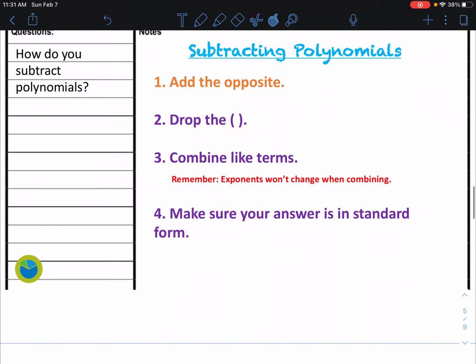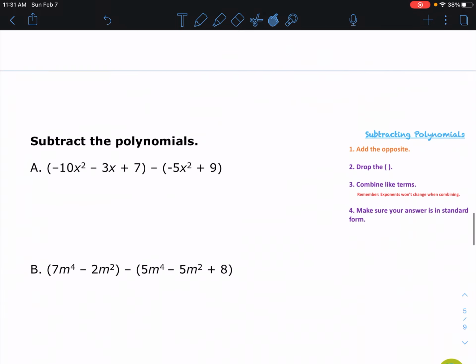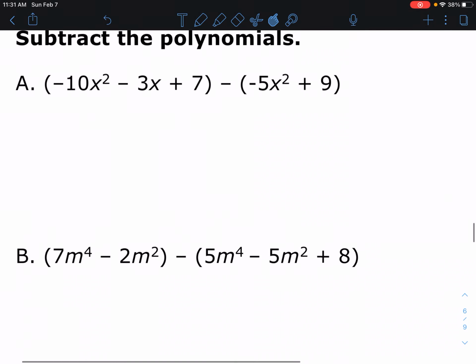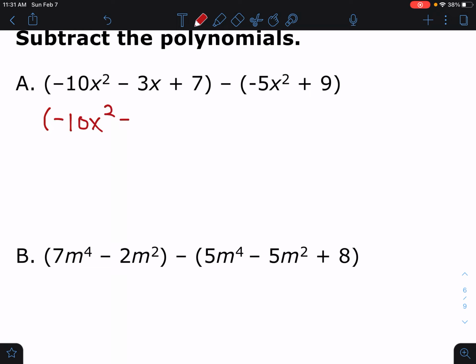So let's try this. How do we subtract polynomials now? I have those steps in the upper right-hand corner there. So the first thing we're going to do is add the opposite. So what this means is you want to copy this polynomial. Let me show you how to do this. You're going to copy this first polynomial exactly.